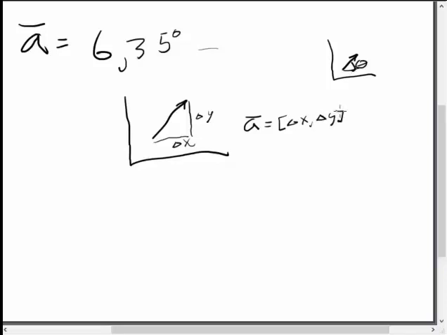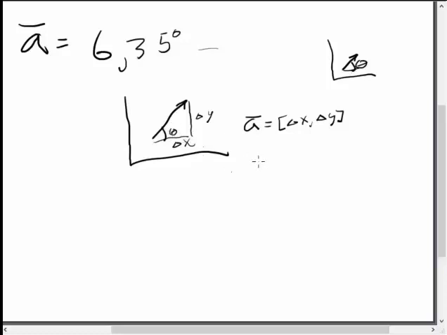Because we can take this vector and move it anywhere in my Cartesian space, it's still going to have the same x component, the same y component, the same length and the same angle relative to the x-axis or the y-axis. This also plays into trigonometry very nicely, because there is an angle here of theta.